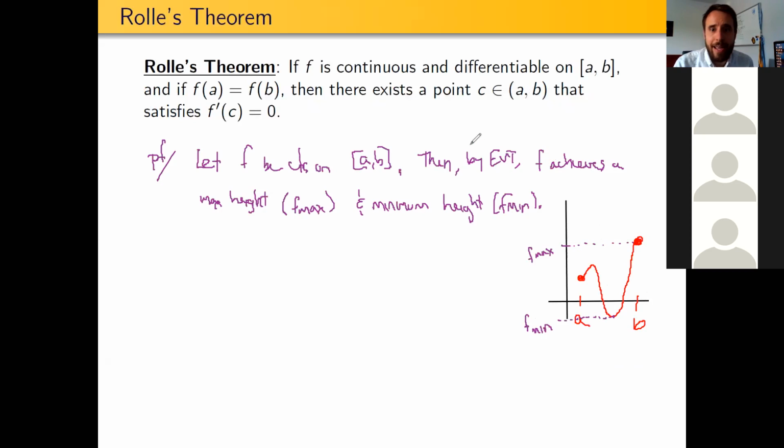So the drawing that I have is actually not completely valid because we need this additional assumption: we need f of a to equal f of b, so we need them to be at the same height. At the moment, notice f of a and f of b are at wildly different heights. So let me redraw this. Maybe it looks like this.